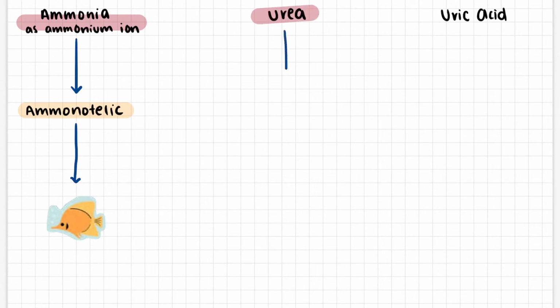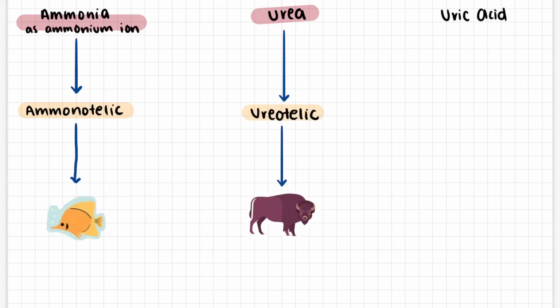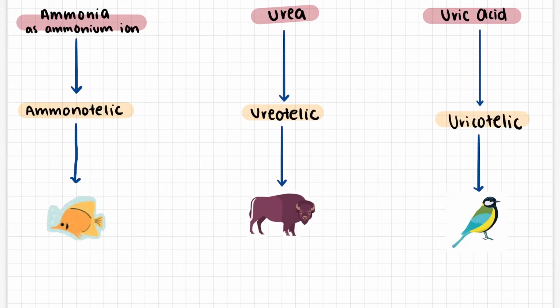Urea: the ones that excrete through this form are called ureotelic animals, which are in their majority terrestrial vertebrates and sharks. And the last one is uric acid: the ones that excrete through this form are called uricotelic animals, which are in their majority birds and reptiles.